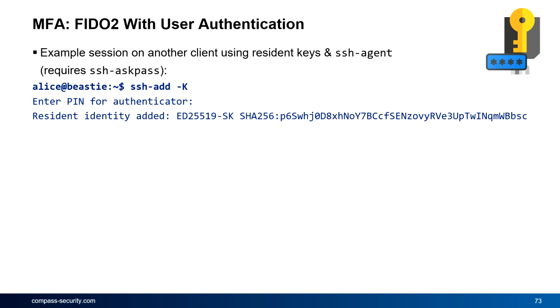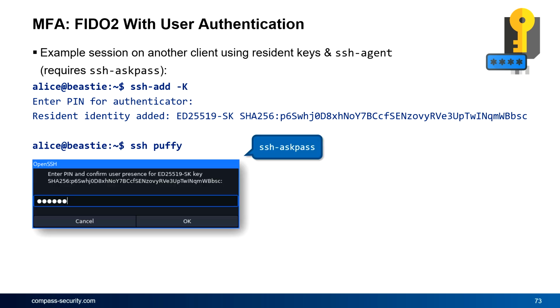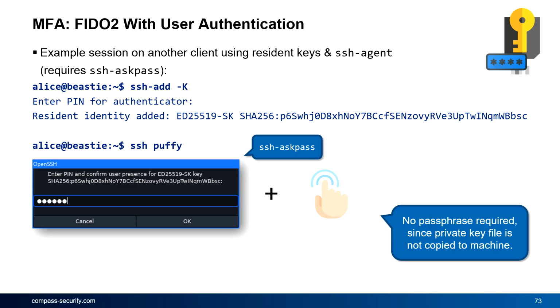Then the resident key is added to your SSH agent. And now if you log in to a remote system, you first have to enter the PIN, press OK, and then touch the authenticator. You don't have to enter a passphrase because we don't have any private key file on the machine, because we use the SSH agent, and then we're logged in.